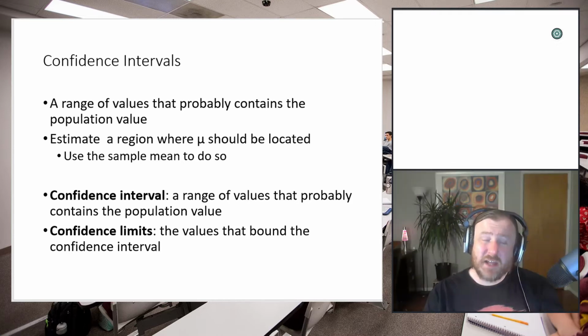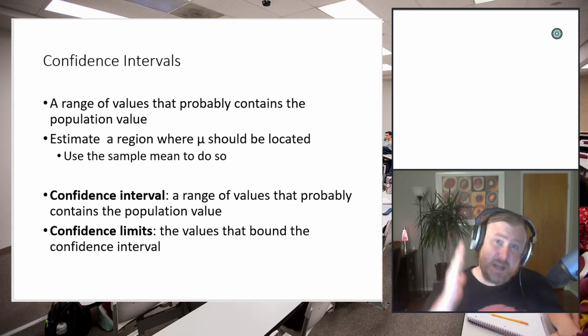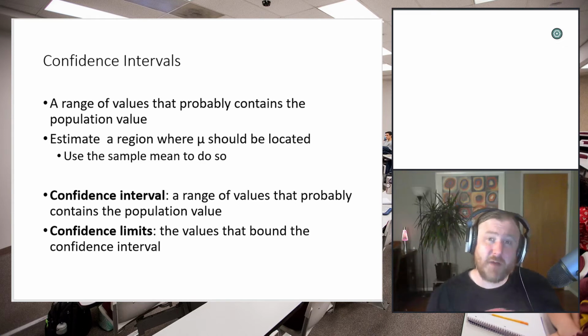So essentially, a confidence interval estimates a region within which a population mean is likely to be found. And so we use the sample mean to do this. We're going to say that our sample mean is the best guess of a population mean. However, we could be off. We could underestimate the population mean.